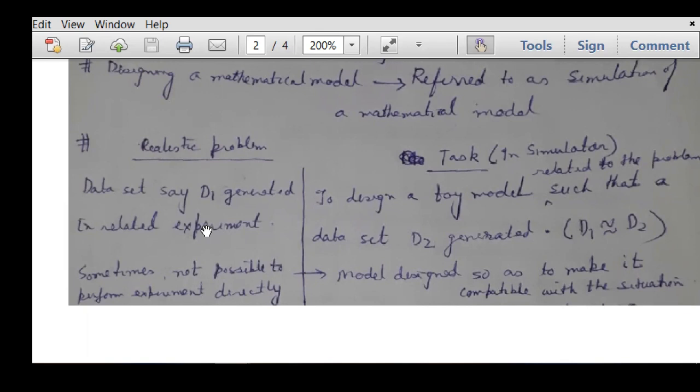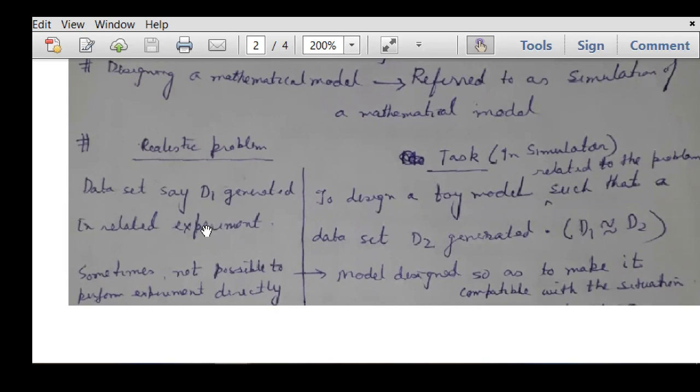Whenever we have some practical situation, some information is available. Then what we do is, we again frame an algorithm using that information related to the real life situation which we are facing as a problem. Then using some suitable computing machine, we just run that algorithm and generate a data set.